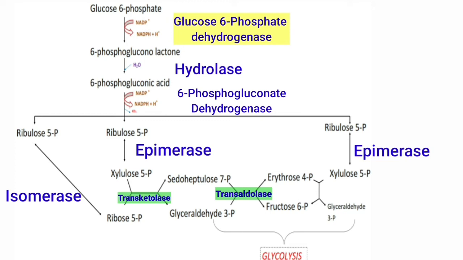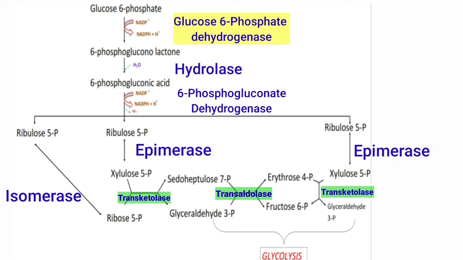Again, this reaction is catalyzed by transketolase, which forms fructose 6-phosphate and glyceraldehyde 3-phosphate. So the glyceraldehyde 3-phosphate, fructose 6-phosphate, and the second molecule of glyceraldehyde 3-phosphate will enter into the glycolysis pathway because these are the intermediates of glycolysis.